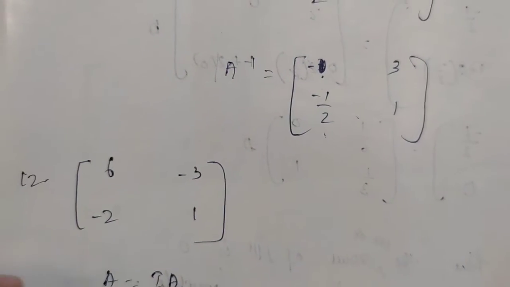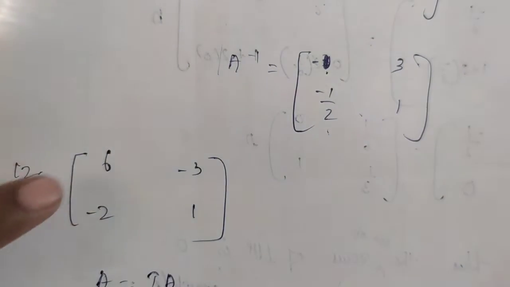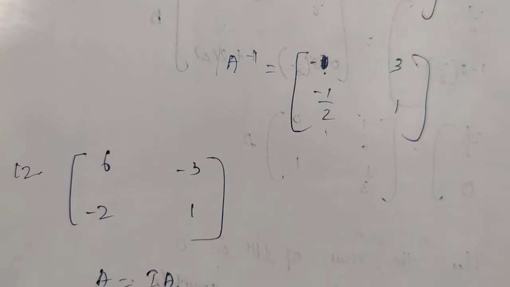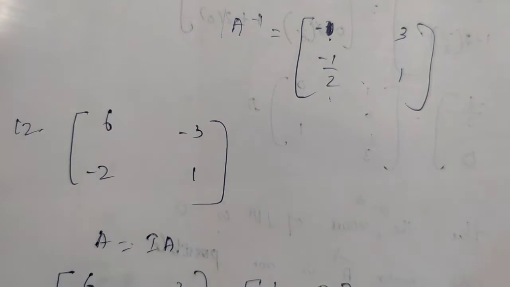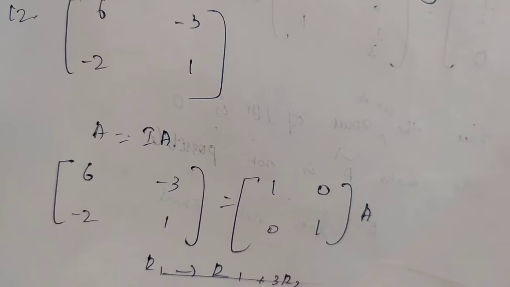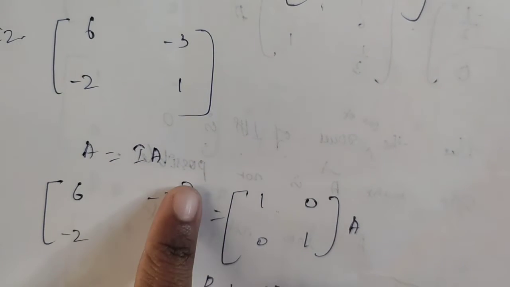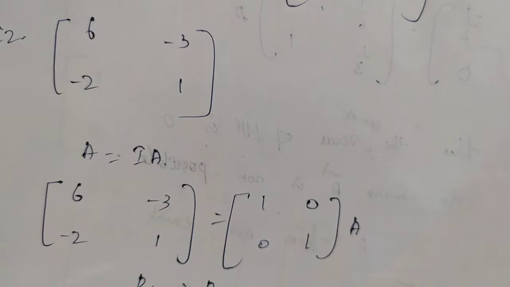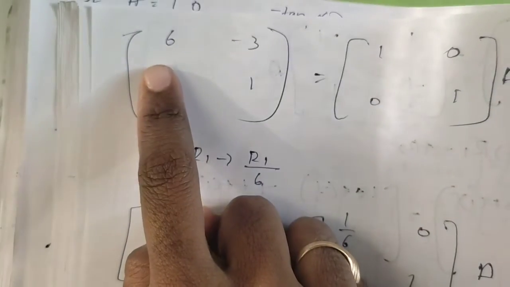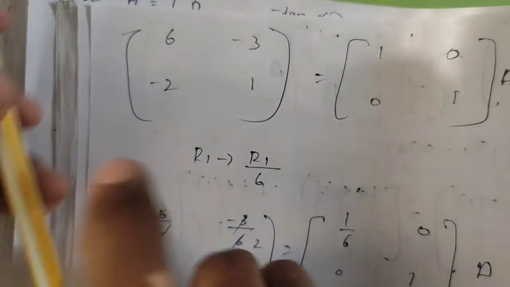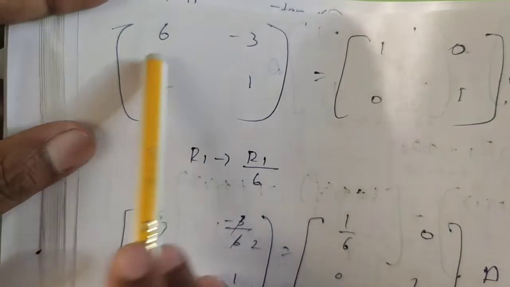The next matrix they have given is 6, minus 3, minus 2, 1. Write it as A is equal to IA. I is our identity matrix, so 1, 0, 0, 1. So the first element is 6. I have to make this 1, so I am dividing 6 by 6.